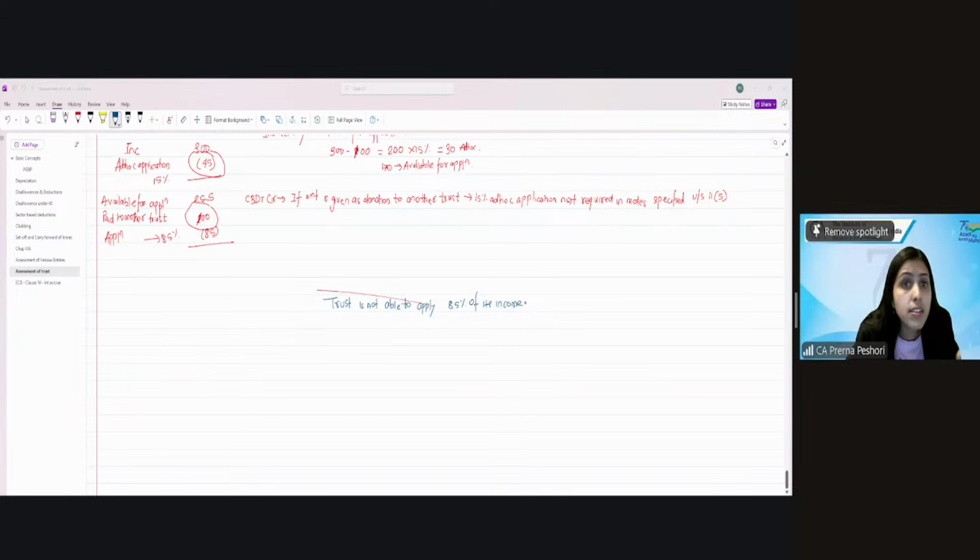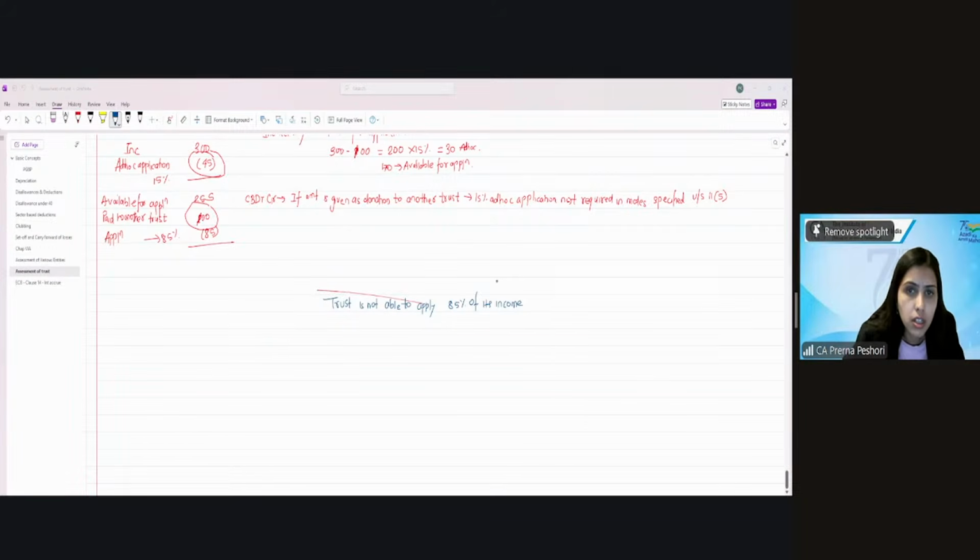So where the trust is not able to apply the income, let's say for the reason that the income either has not been received during the year. So let's say if the trust follows the accrual basis of accounting, wherein the income is recognized, but it has not been received.